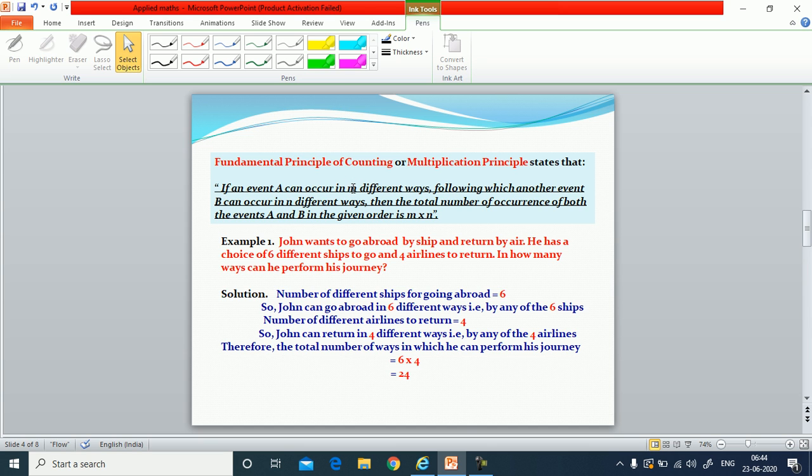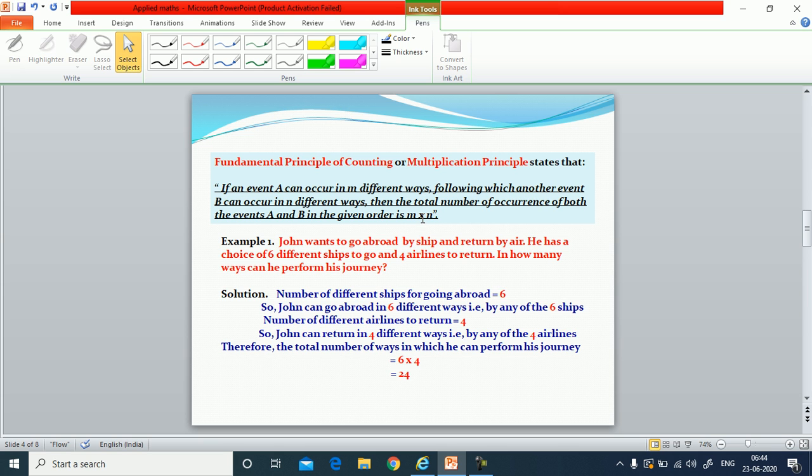Then the total number of occurrences of both the events A and B in the given order is m into n. That means the number of ways in which the first event is taking place, multiplied by the number of ways in which the second event is taking place. You can see they are getting multiplied. That is why it is also termed the multiplication principle.